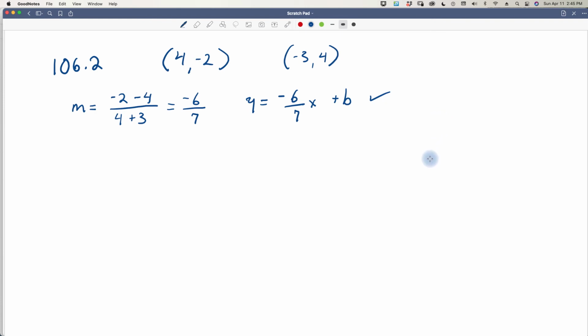So again, pause, pick a point, and solve for b, and then write out your slope-intercept format or formula, including b. All right, go ahead and do that. Pause the video.